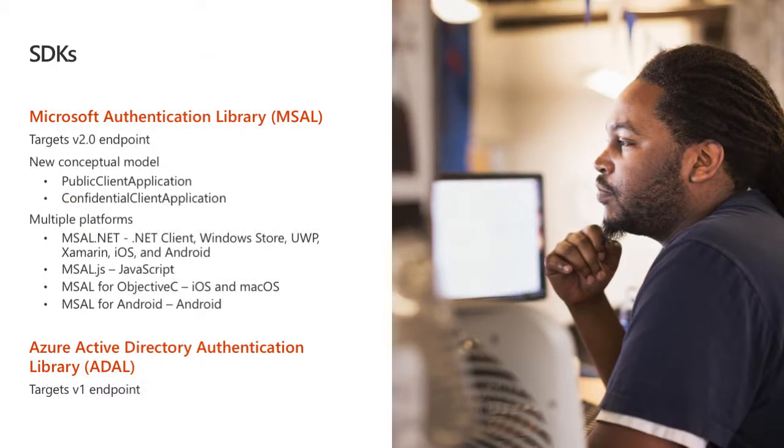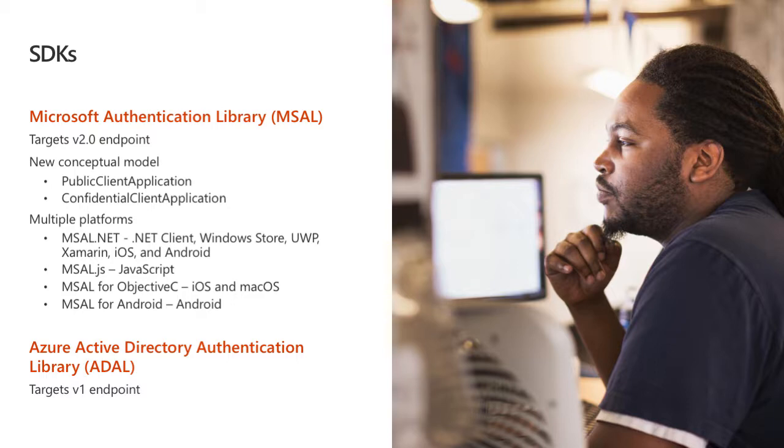So let's talk a little bit about the SDKs, as I mentioned earlier. As there are changes in the protocols between V1 and V2 for Azure AD, it required a change in the SDK to a new conceptual model. We have this thing called a public client application, and that's going to use the registered application ID. You also have a confidential client application that's got a secret.